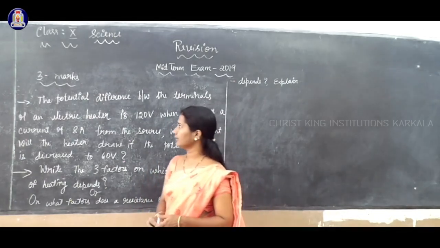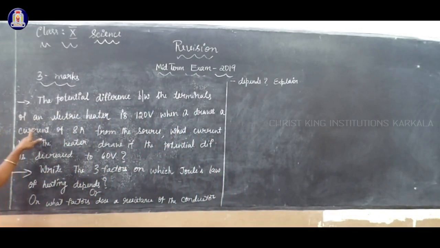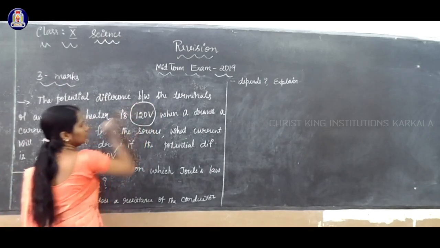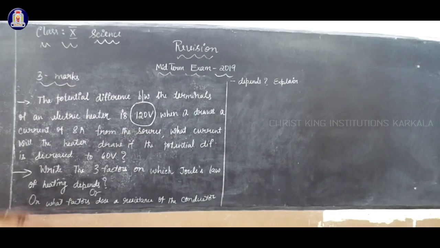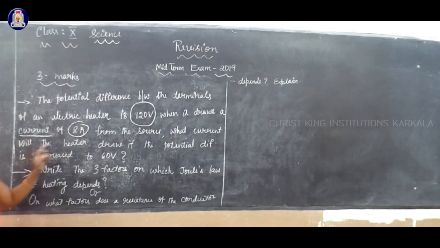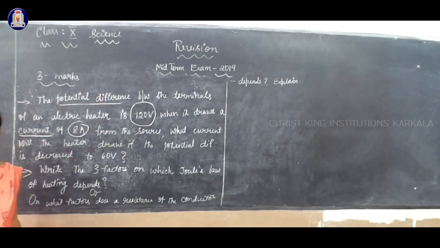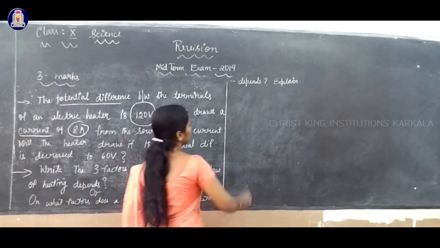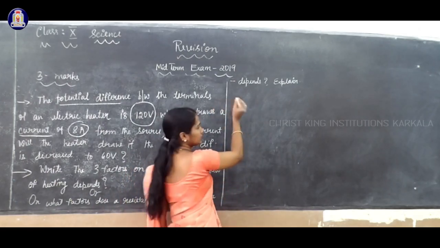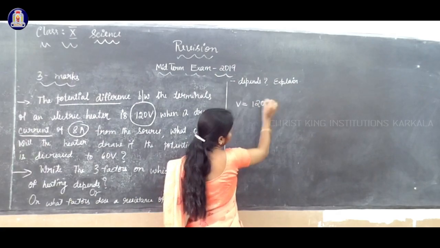The first question in that is a problem. The potential difference between the terminals of an electric heater is 120 volt when it draws a current of 8 ampere. That is, potential difference V is equal to 120 volt.